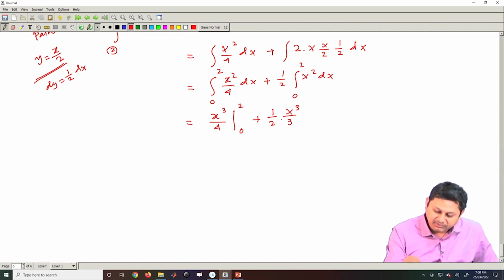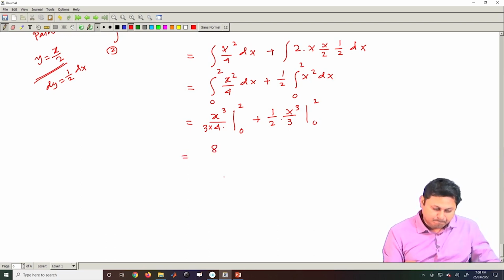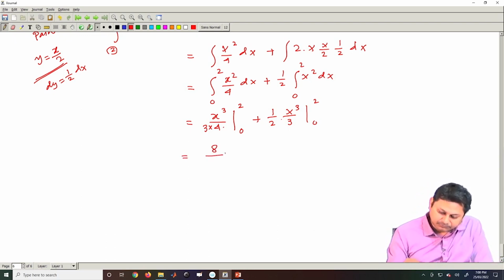So here I am having x cube by 3 also, so 3 multiplied by 4, from 0 to 2. So I should have 8 divided by 12 plus 8 divided by 6.